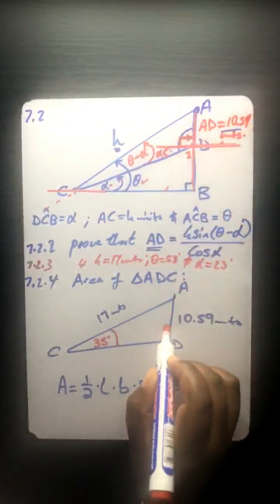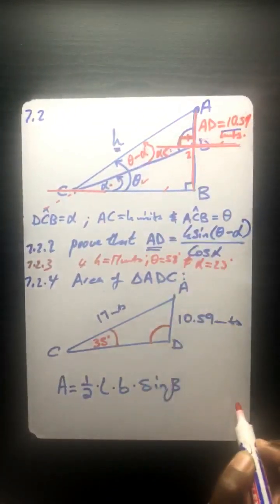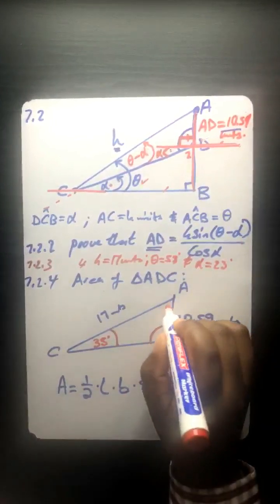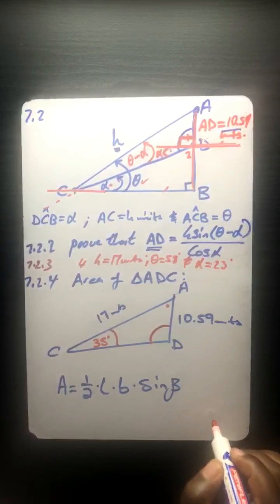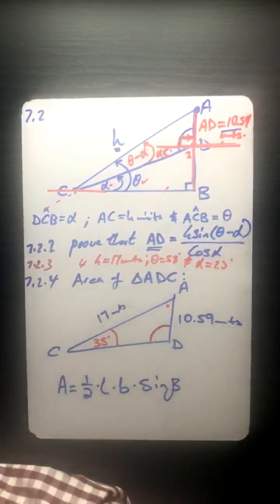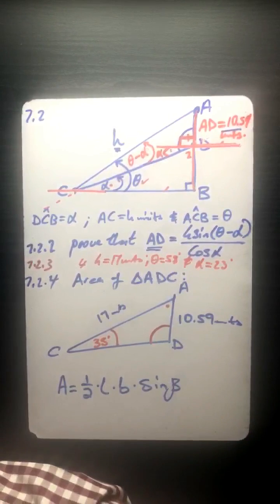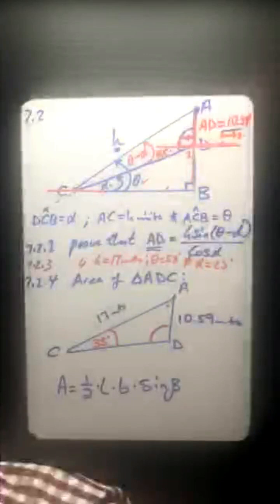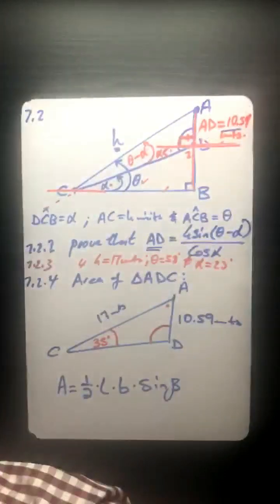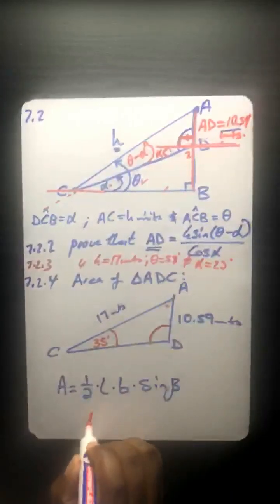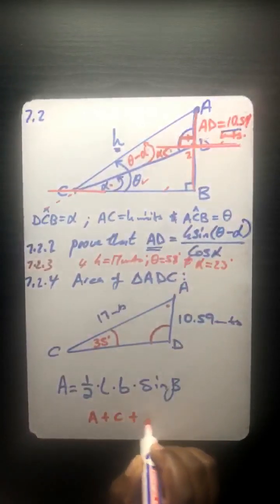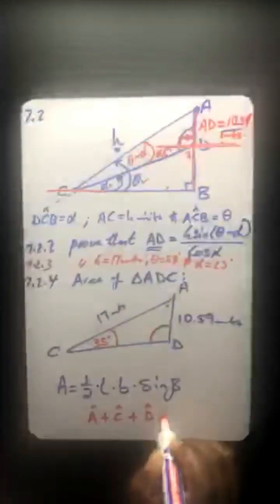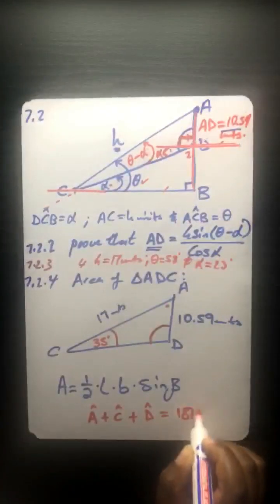If you do have that angle, then you can easily find this angle because you know that the sum of interior angles of a triangle is equal to 180 degrees. So let's see, A plus C plus D. Remember, we are talking about the interior angles that equal that.